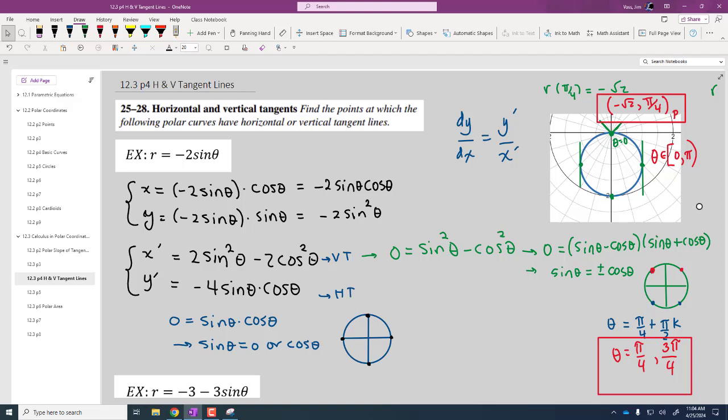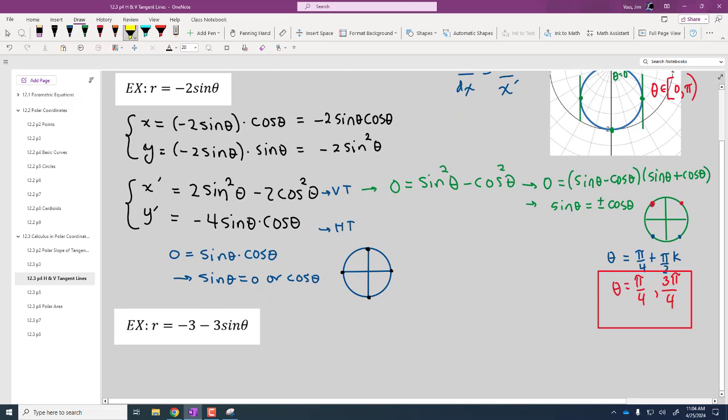So we exclude the pi. So now we look down here and we say, okay, which of these angles are in this interval? And it's those 2. Pi we're going to exclude because it's going to repeat what happens at 0. So the thetas that we are going to choose here are theta equals 0 and theta equals pi over 2. So those are the 2 that we're going to choose.